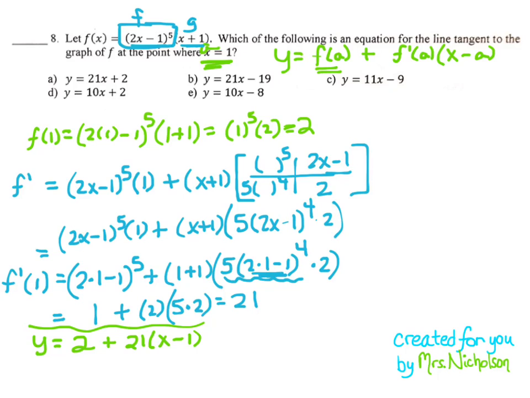Again, be very careful. Don't add the 2 and the 21 together. That 21 needs to be multiplied into this parentheses. y equals 2 plus 21x minus 21. And if I combine the 2 and the minus 21, I finally get for an answer y equals 21x minus 19. And that does correspond to answer B.